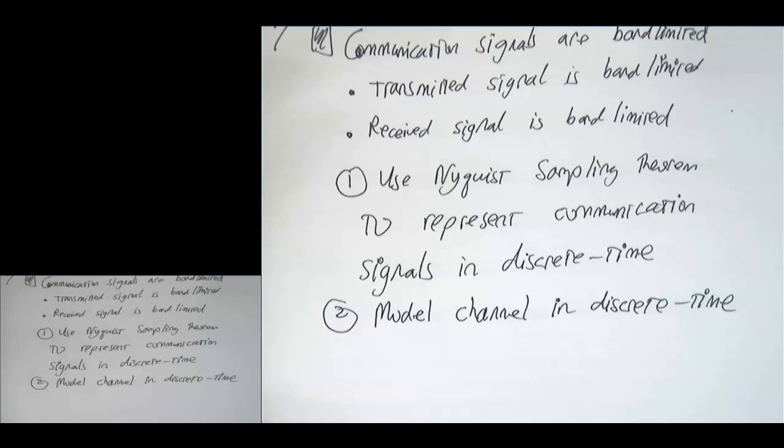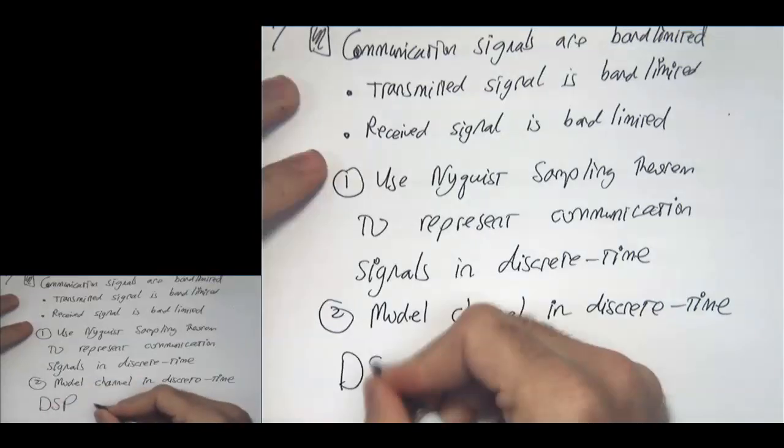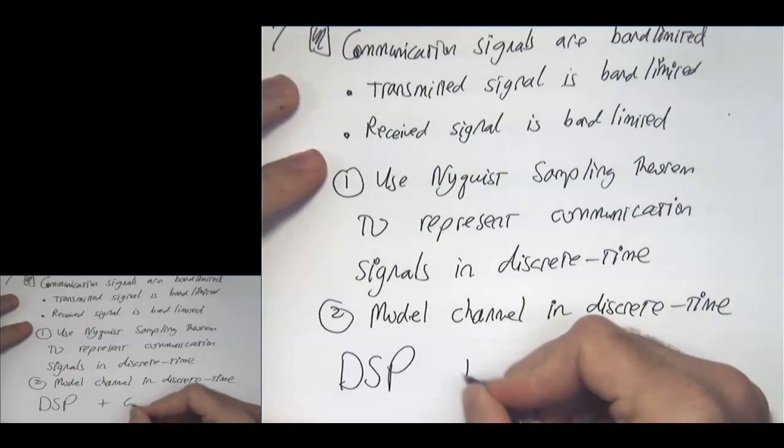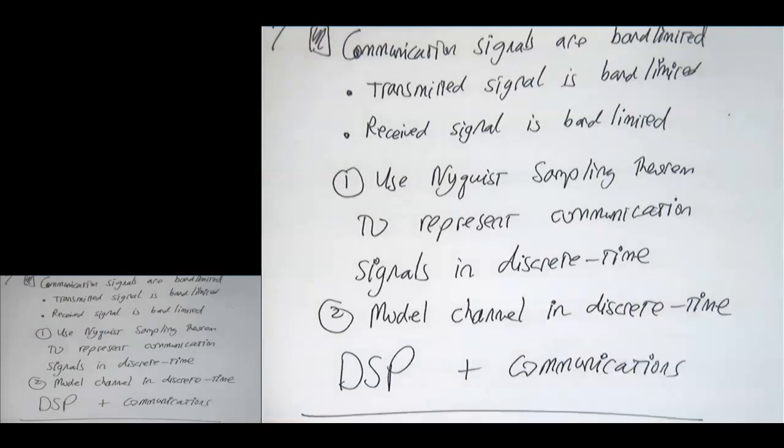And so the fundamental connection between DSP and COM is from this band-limited property. So again, the implication of this is that the connection is fundamental. It's not that we're going to approximate this signal with a discrete time signal. It's that it is exactly connected together.